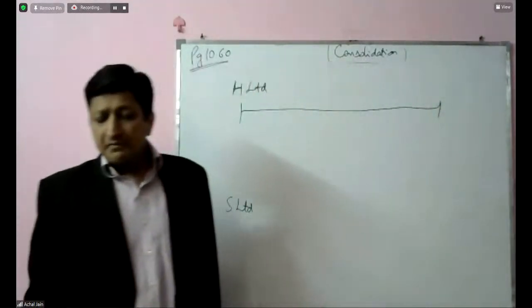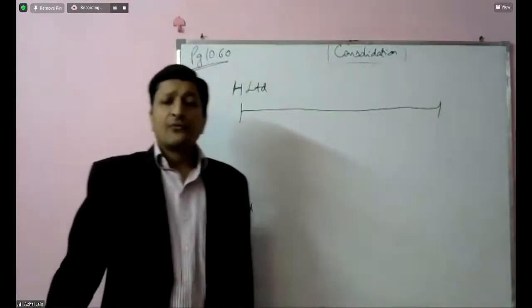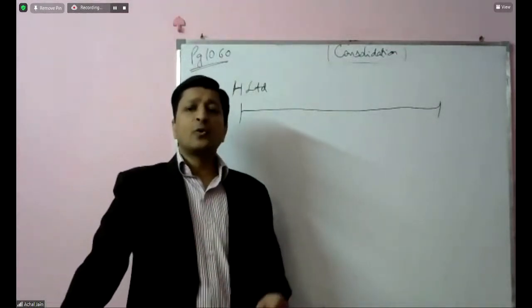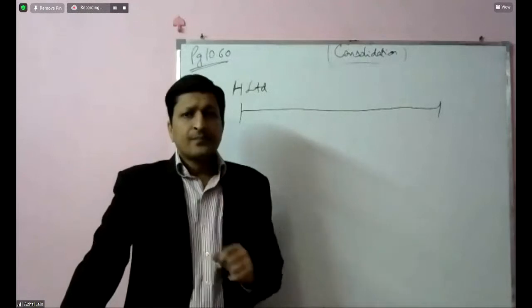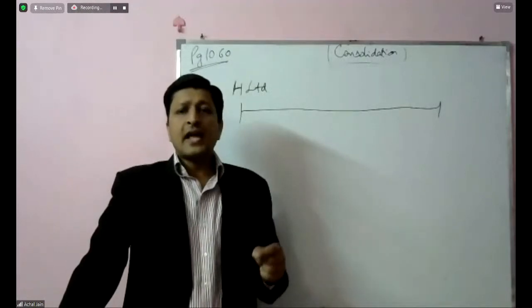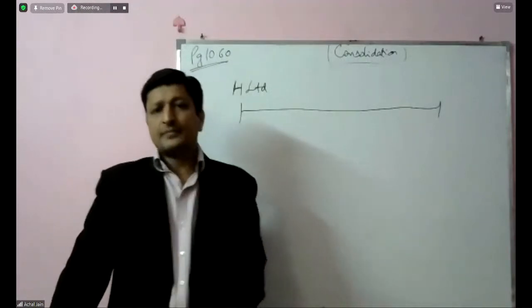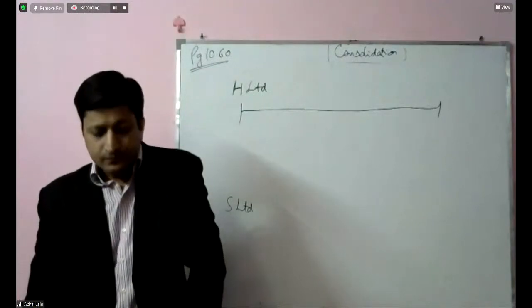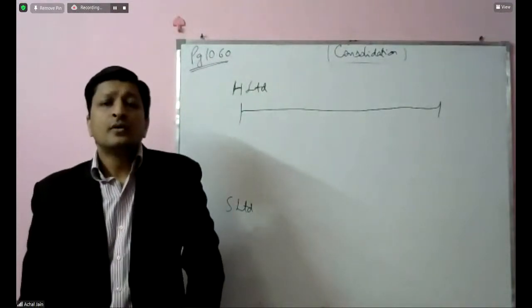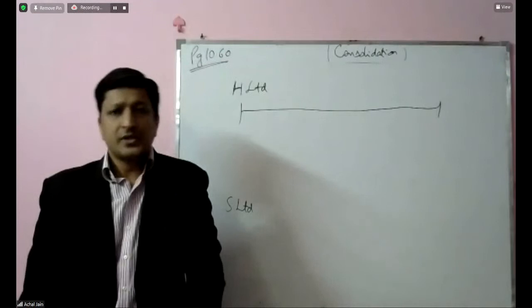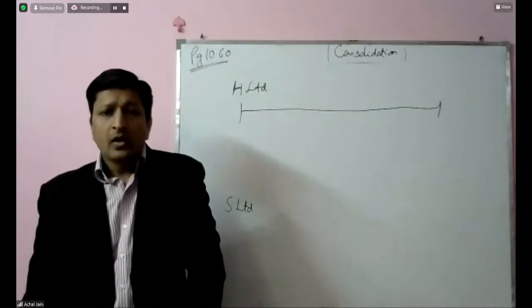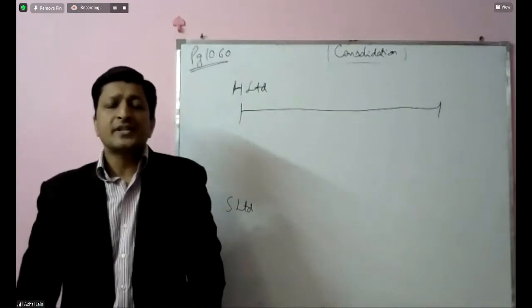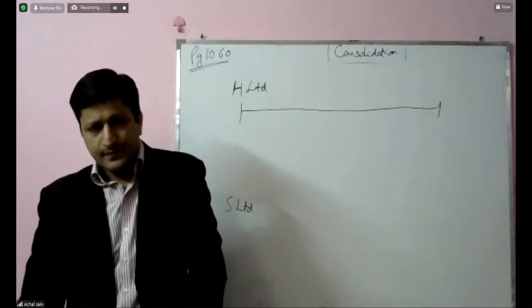See, this problem will arise whenever we have any group company, or you can say whenever we have any adjustment in relation to a foreign subsidiary. In case of a local subsidiary, this adjustment will not arise.